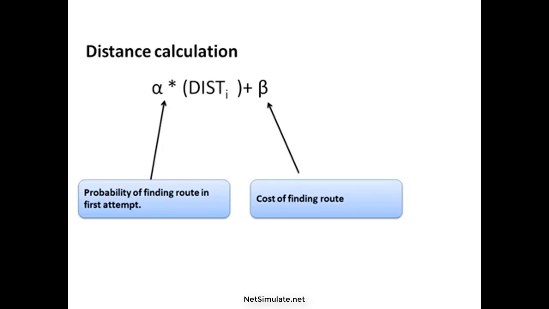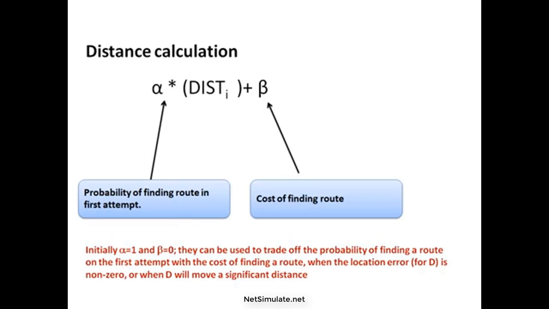But these values can be changed, and they are used as a trade-off between these two. So this is location-aided routing. Thank you.